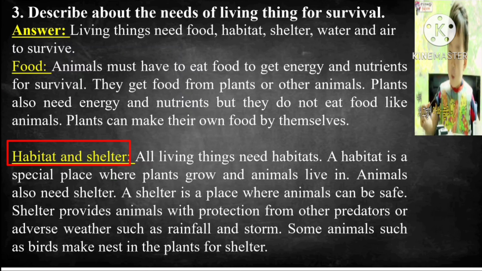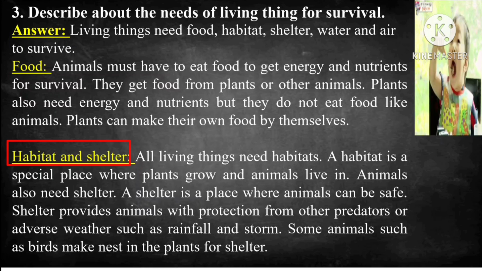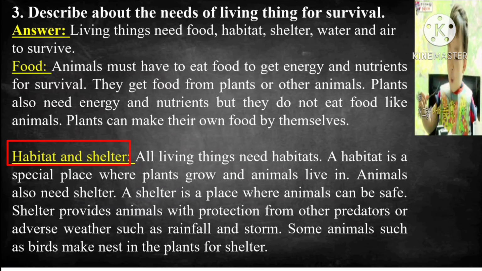What is a habitat? A habitat is a special place where a plant can grow and an animal can live in. That happens naturally. And a shelter is a place that is made by the animal in order to protect themselves, from a predator or from bad weather. A nest is the shelter of a bird, and our houses are shelter for us.